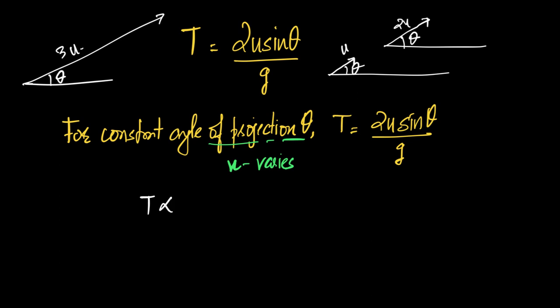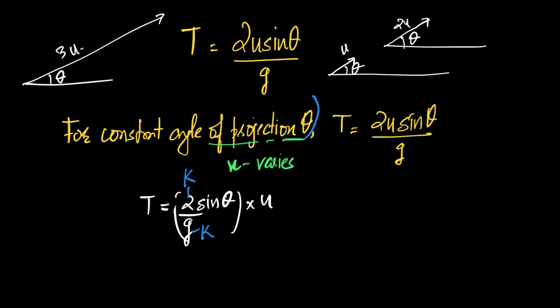In which case t is equal to 2 by g into sine theta into u. Now g is a constant, 2 is a constant.